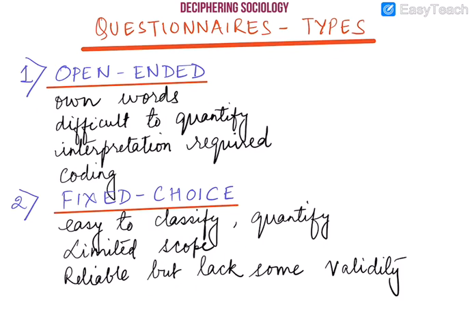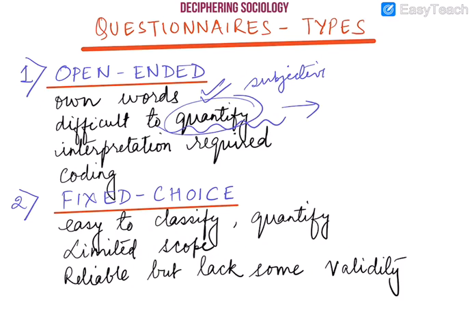Now questionnaires can be of 2 types. One is open-ended. That means here the respondents have to answer in their own words. They can write what is important to them, they can express it any way they like. But what is the problem here? Difficult to quantify, because this is too subjective.